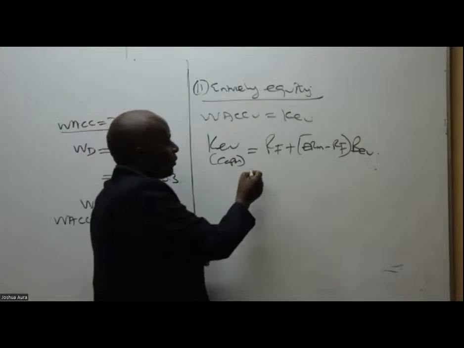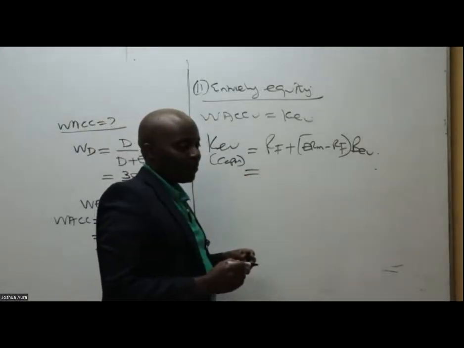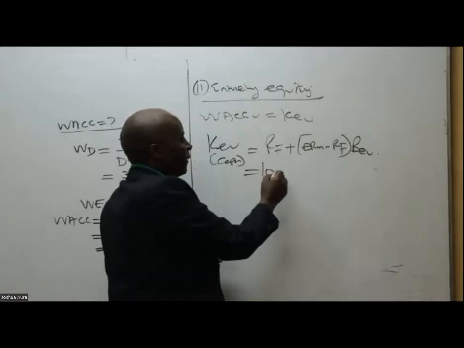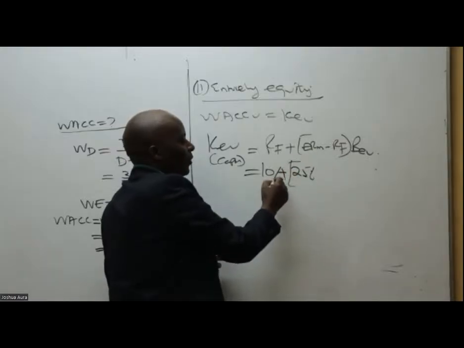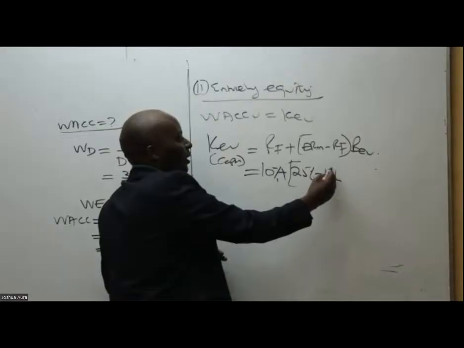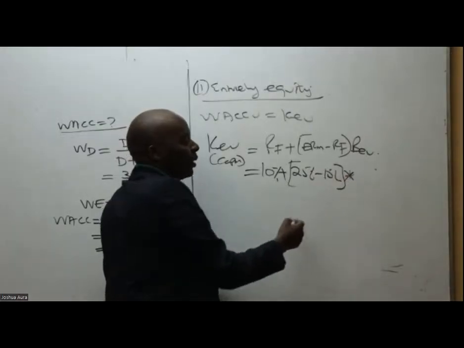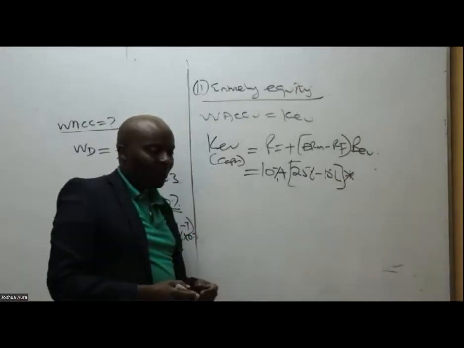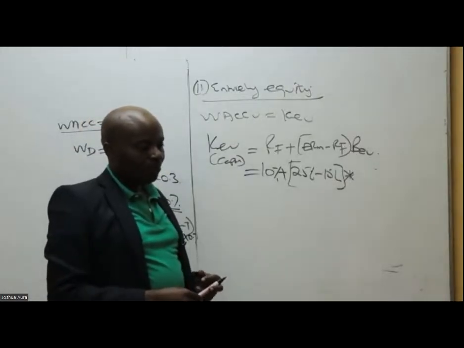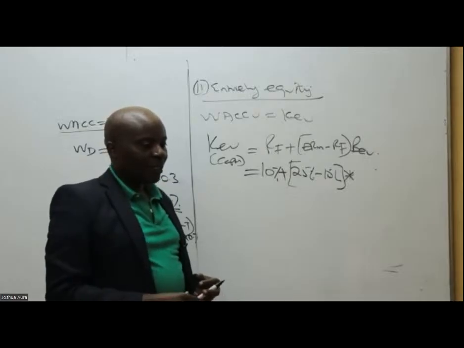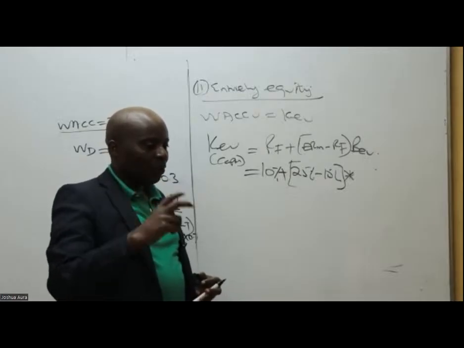Do we have the risk-free rate of return? 10 plus. Do we have market returns? You gave me 25, minus 10, multiplied by beta, which I've forgotten. Beta for the relevant new industry.